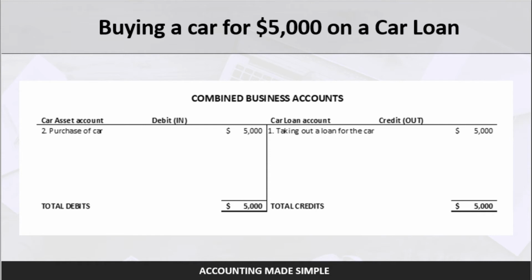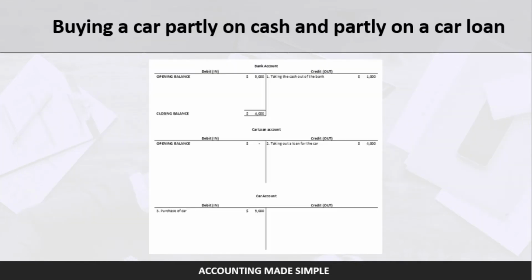When we look at the combined business accounts, you can see that once again there is at least 2 entries for every transaction, 1 debit or in and 1 credit or out. The total debits and the total credits always balance. Purchase of a car partly on cash and partly on a car loan.